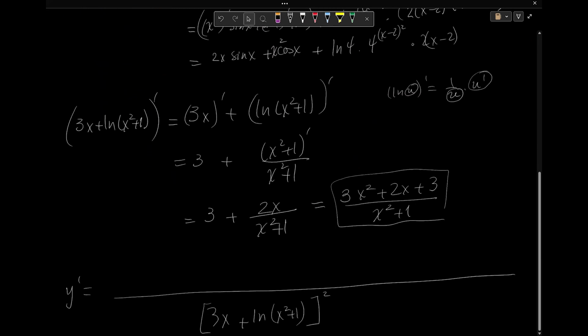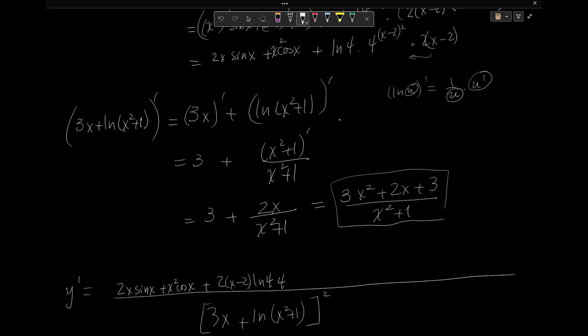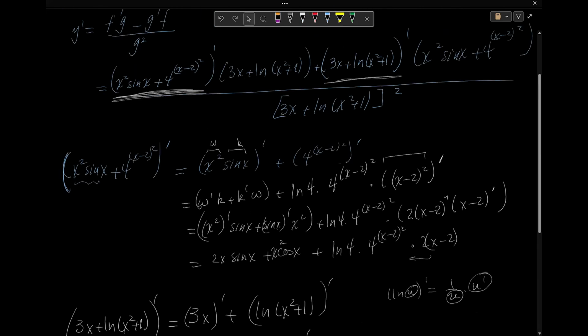So let's write it: 2x sine x plus x squared cosine x plus, I'm going to bring this to the front, 2x minus 2 ln of 4 to the x minus 2 squared. That was just a derivative times this.